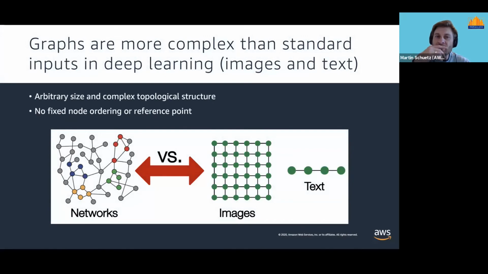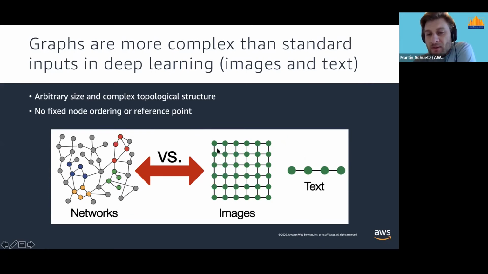Graph neural networks are an emerging family of deep neural networks that extend the standard toolbox in deep learning. Deep learning by now has certainly matured into a commercially viable technology, but it has done so specifically in the fields of computer vision, where you deal with images, and natural language processing, where you deal with text.